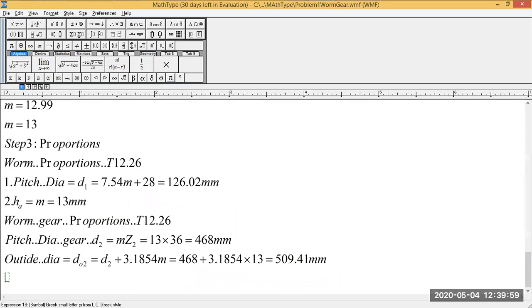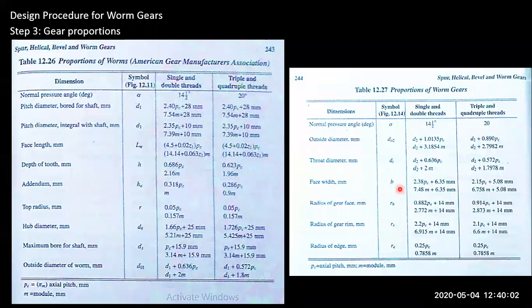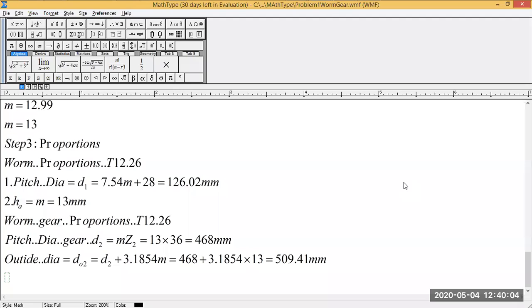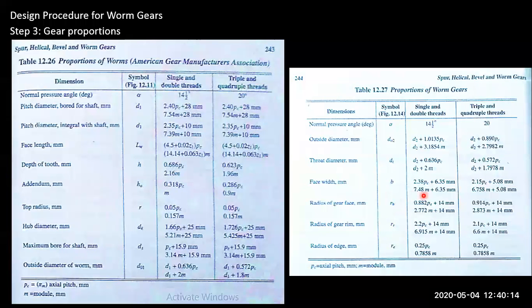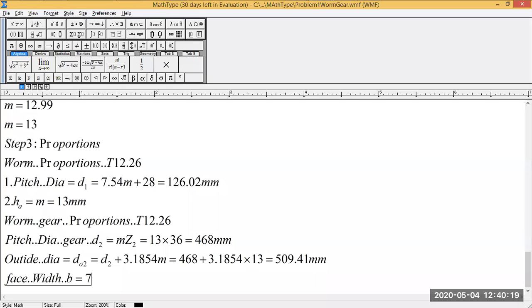Let's put face width. We have here face width, which is denoted as B for gear. Face width is given as B is equal to 7.48 M plus 6.35, so this is in terms of M. That means this is equal to 7.48 into 13 plus 6.35.